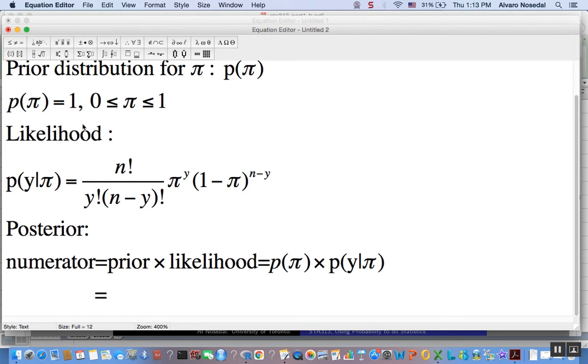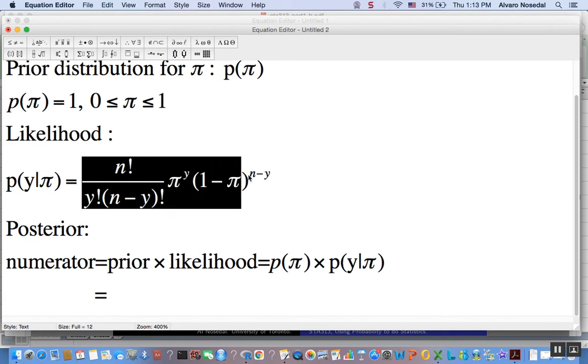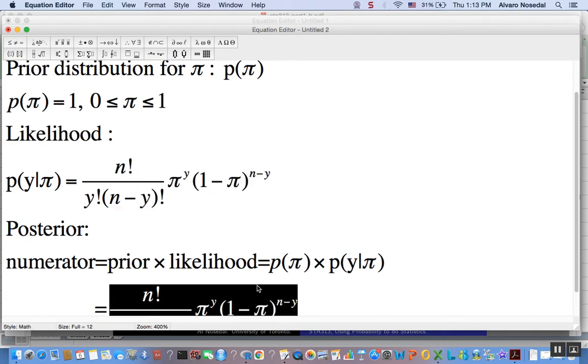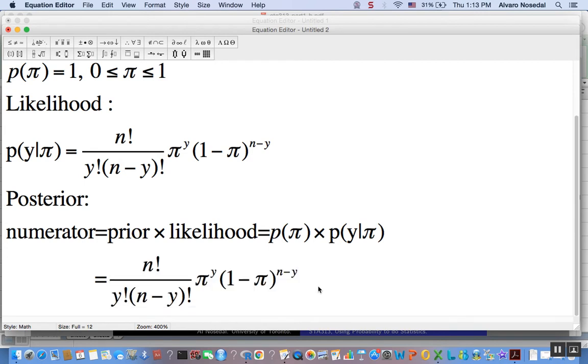Our prior is so nice because it's just a 1, right? So when we multiply this times this, our numerator is just this guy. Agreed?